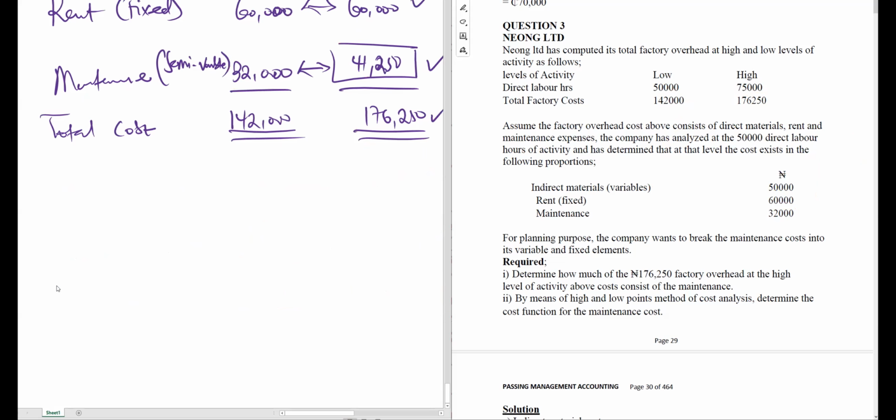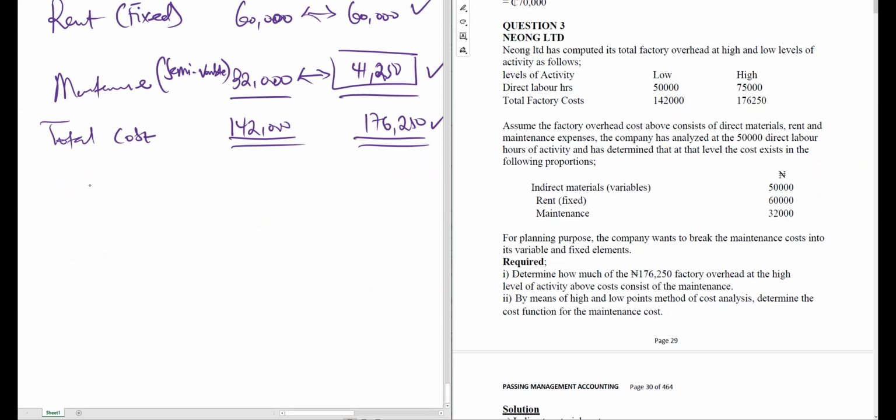The semi-variable one, which is the maintenance, we can split it, right? So the maintenance itself has fixed components and variable components, right? So what are the steps?